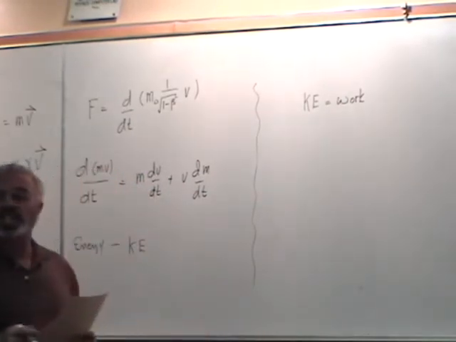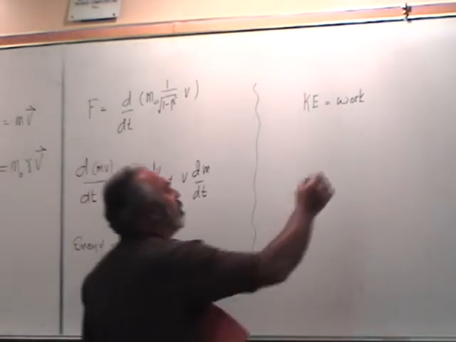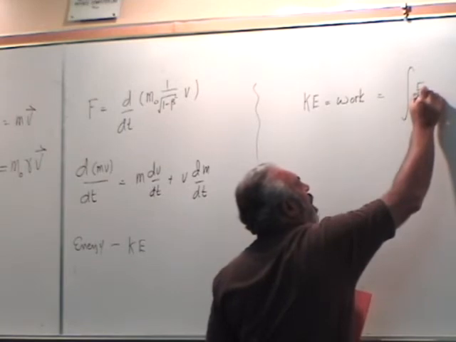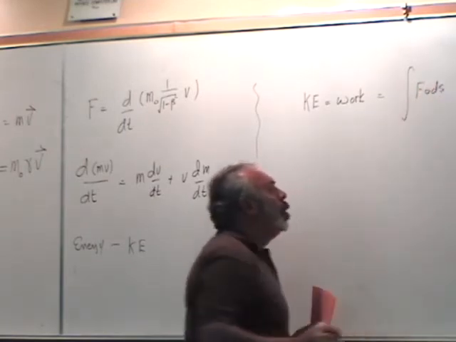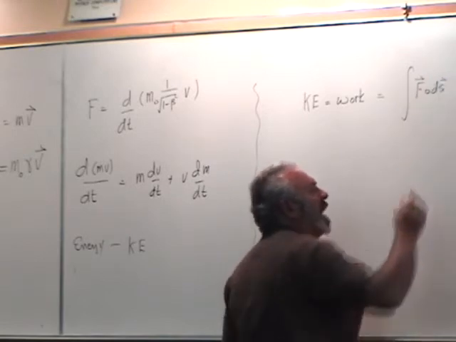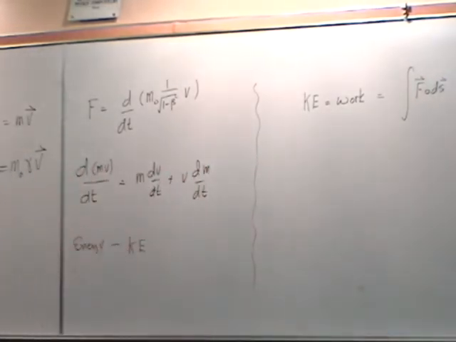And don't forget, we're assuming that you start with zero velocity to be able to write it that simply. And you recall that that is, of course, the integral of F dot ds, where F represents the force that's applied and ds is the differential distance over which you apply the force. The dot product selects the component of force parallel to the displacement.